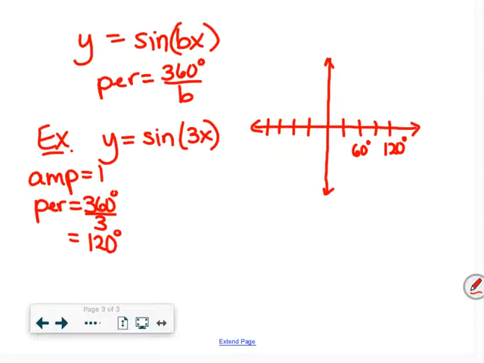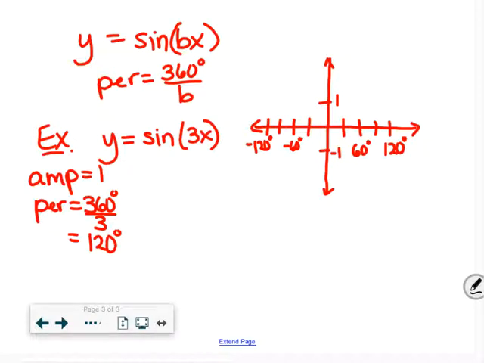And if I wanted to know the 1st tick, think about it. What is the degree measure halfway between 0 and 60? Well, that would be 30. So I'm going to go on the other side, label the 2nd one negative 60, and the 4th one negative 120. Then I use my amplitude. My amplitude is 1.